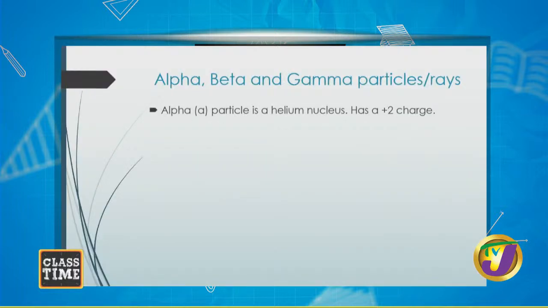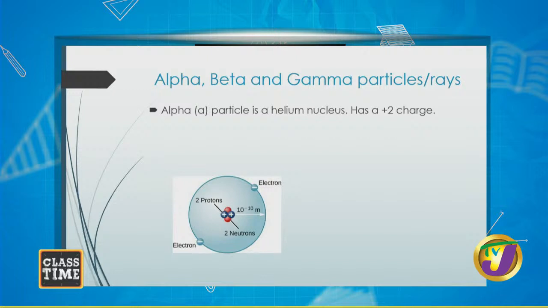Now, an alpha particle, as I said before, is a small positive particle. It's essentially a helium nucleus. And a helium atom looks like this. A helium atom has 2 protons and 2 neutrons, with 2 electrons orbiting the atom. Now, if we remove those two electrons, we would end up with just the nucleus, right?